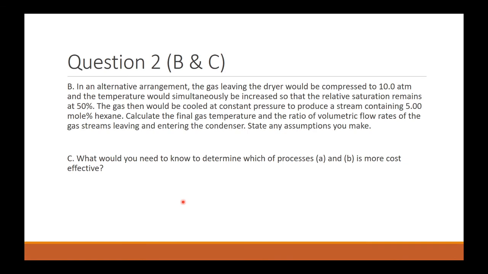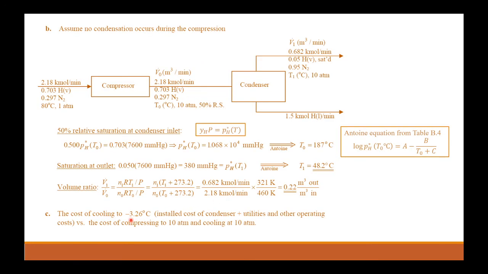Now, to determine which process is more cost effective, what we need to know is the cost of the cooling, which includes the installation cost of the condenser and the utilities and other operating parameters, versus the cost of compressing to 10 atm and cooling at 10 atm.